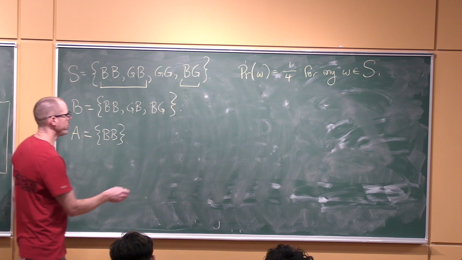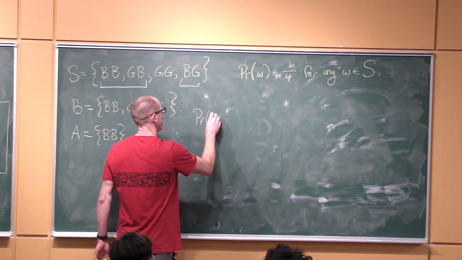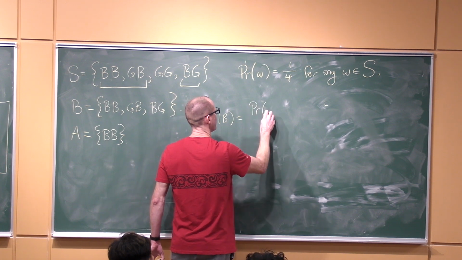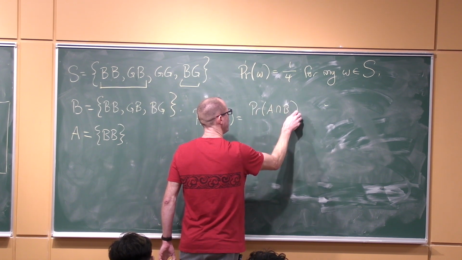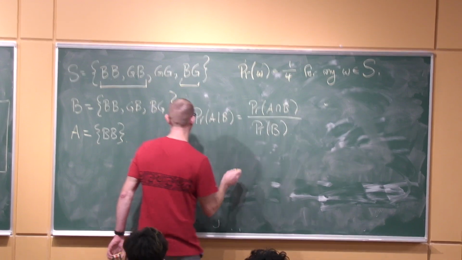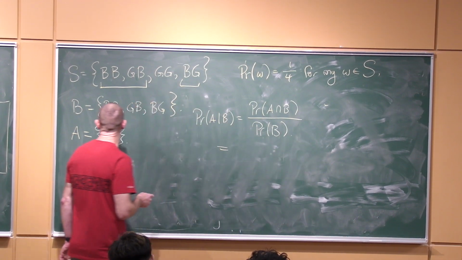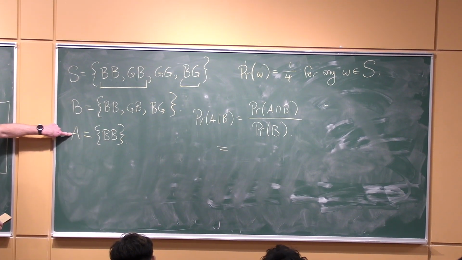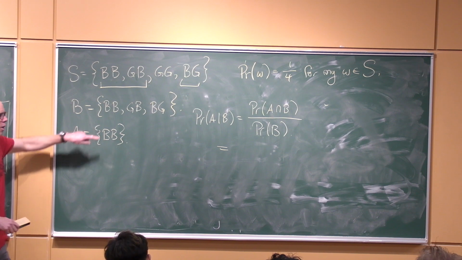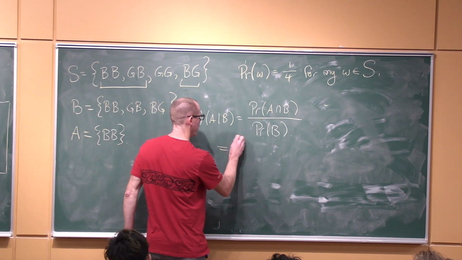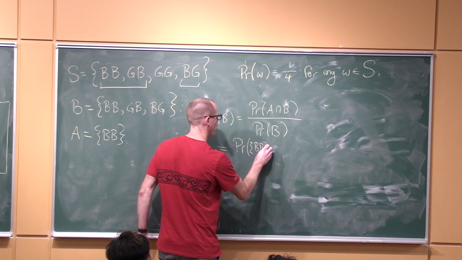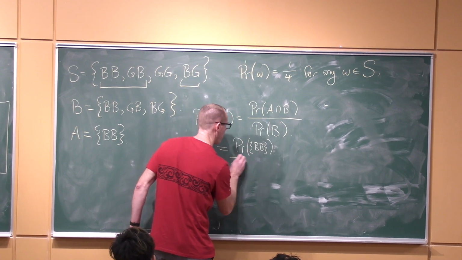And so we can apply the definition. Probability of A given B is equal to the probability of A and B divided by the probability of B. A intersect B, well, there's only one element in common between those two things. So that's just the probability of two boys. That's what's on top.